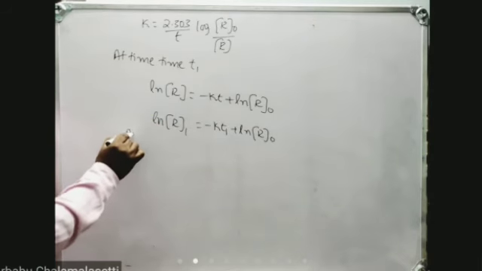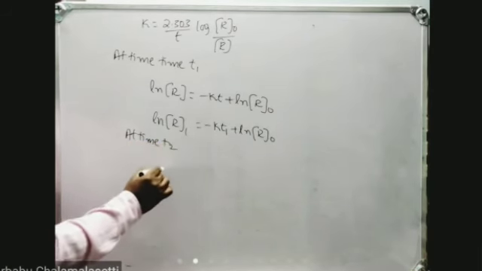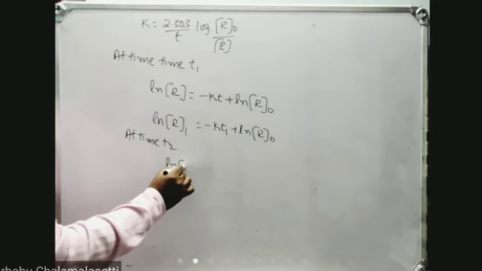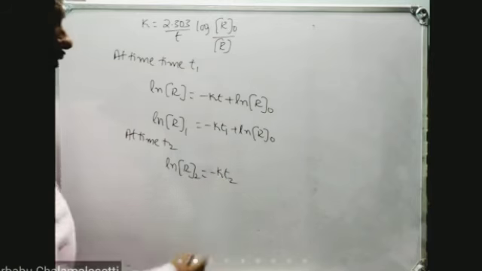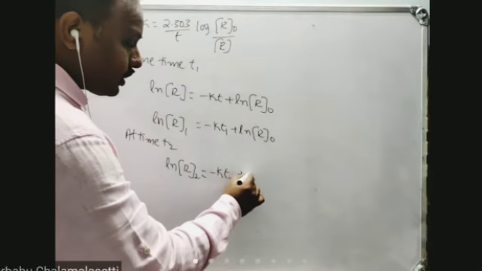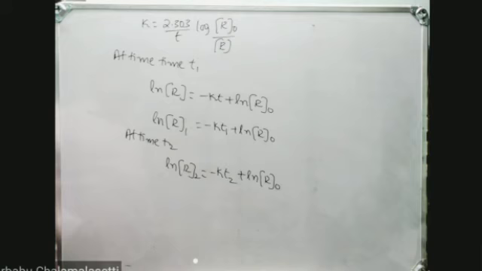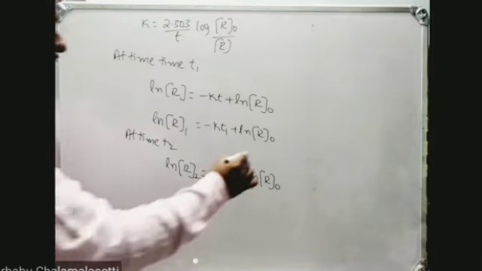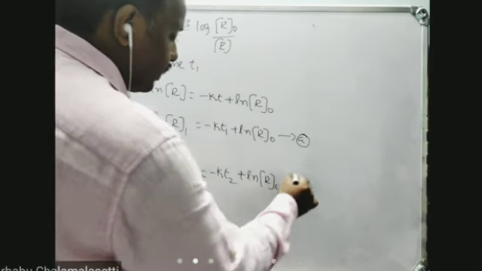At the time T2, ln R2 is equal to minus k into T2 plus ln R naught. k is constant throughout the reaction, and the initial concentration also has no change because the reaction is the same. Let these be equation A and equation B.